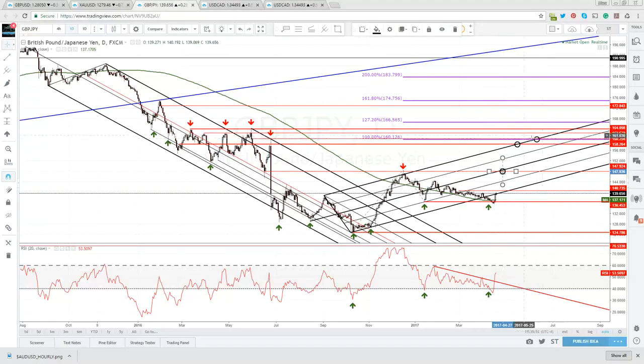You can see my targets here. 160.12 is sticking out 100%. 2 equal legs up from here. 160.12. That's the spot.